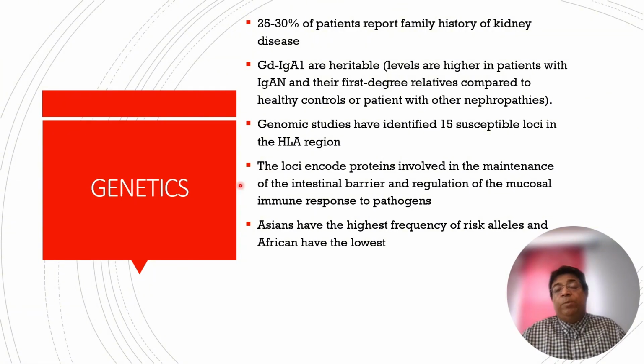And this is important because that is thought to be what contributes to the formation of these abnormal IgA antibodies, is that when that intestinal barrier is broken or that mucosal immune response is stimulated to certain pathogens. Asians do have the highest frequency of risk alleles, and Africans have the lowest. So there is some association between hereditary factors and IgA nephropathy.